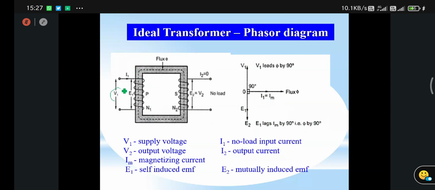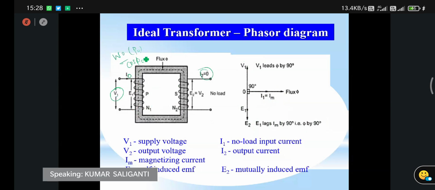We are giving V1, and the secondary side is open, so that I0 will be here. That is V1 I0. What about the power factor? That is cos phi 0. From that you can get V1 into I0 into cos phi 0, then you get W0 or P0. So this is the no load input power for a practical transformer.